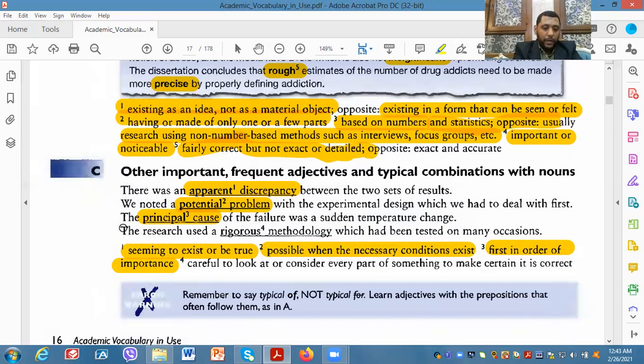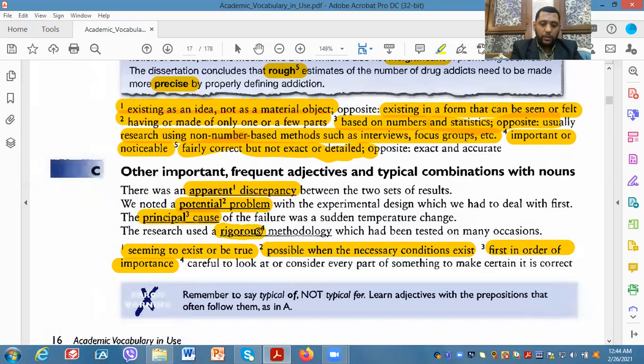Okay, the last example that we have is: the research used a rigorous methodology which had been tested on many occasions. Another example of a typical combination between an adjective and a noun.